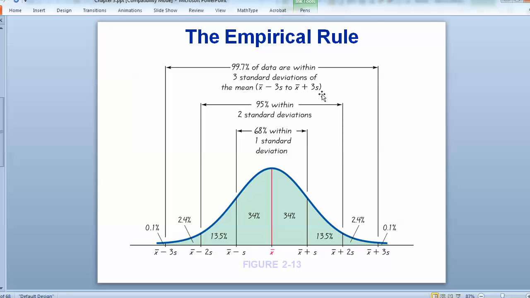Another 4.7%, and then a little bit more beyond that. But the empirical rule really focuses just on this 68, 95, 99.7. In fact, that's the other name for it, the 68, 95, 99.7 rule. But it helps us to imagine how the normal distribution would look.